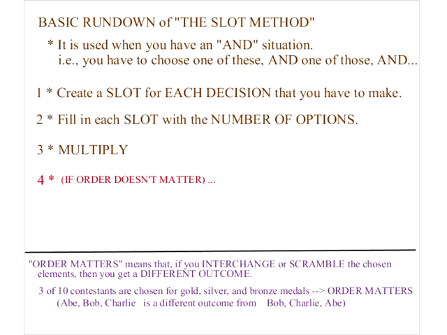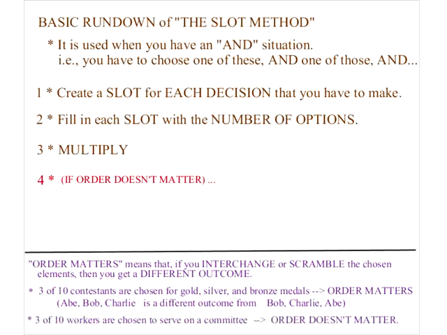Okay, on the other hand, if I have a situation in which 3 of 10 workers are chosen to serve on a committee, and that's all you're told, then order doesn't matter.